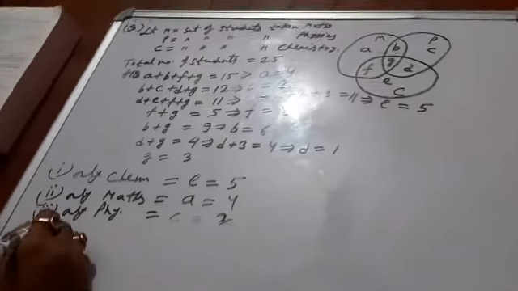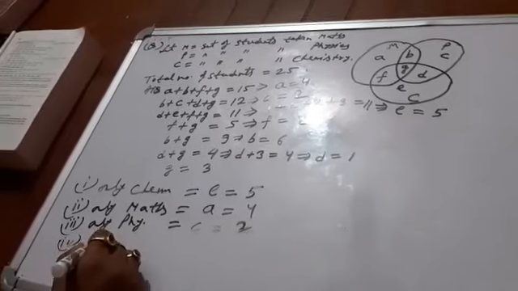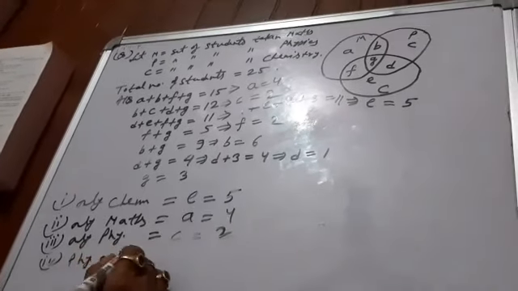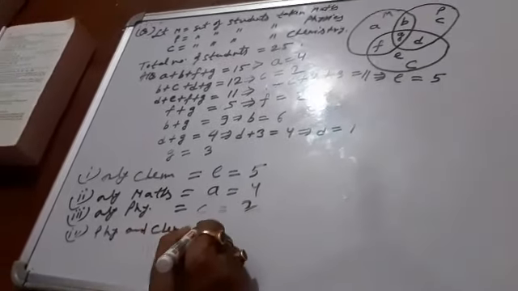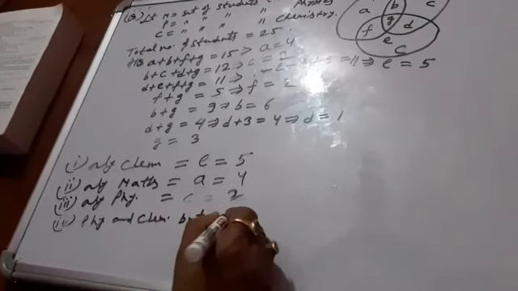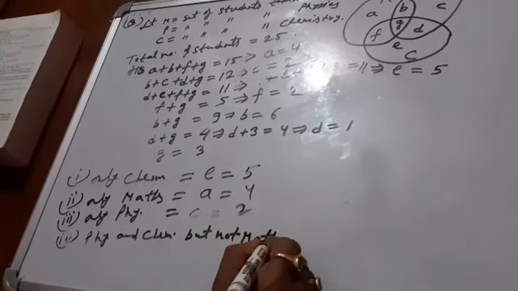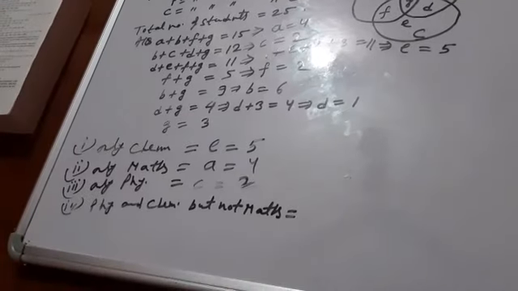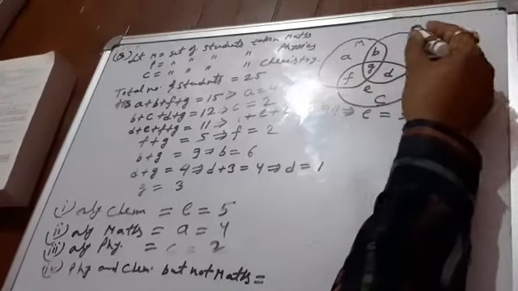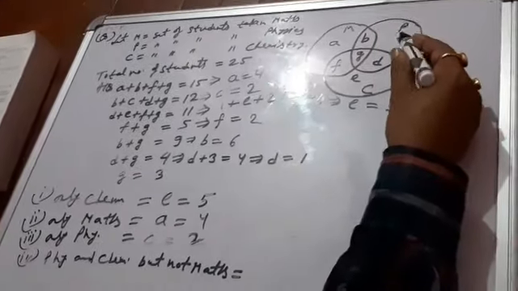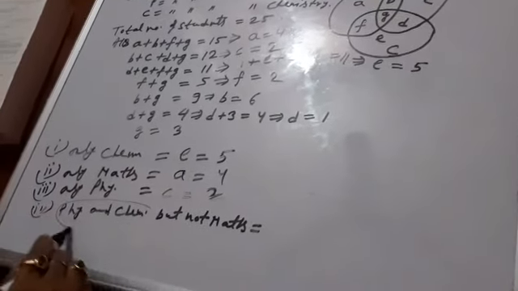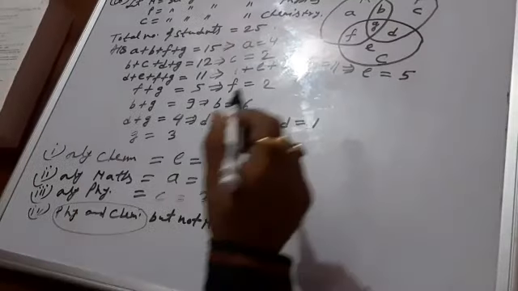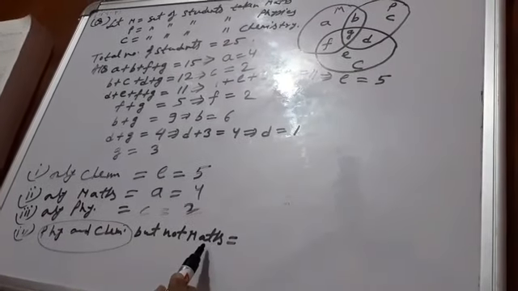Then at the next portion, listen carefully. Physics and chemistry, but not maths. Let us observe here. Physics and chemistry, right? Physics and chemistry both are taken. And means both. Physics and chemistry both taken but maths not taken.